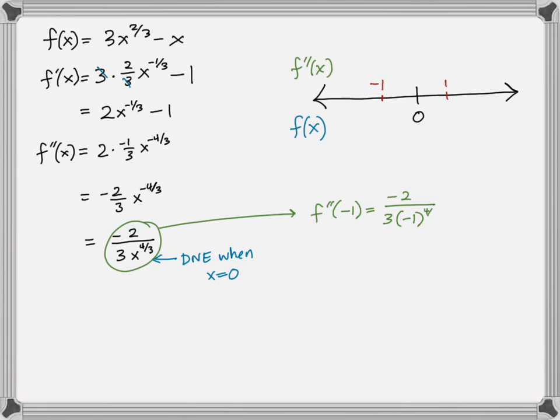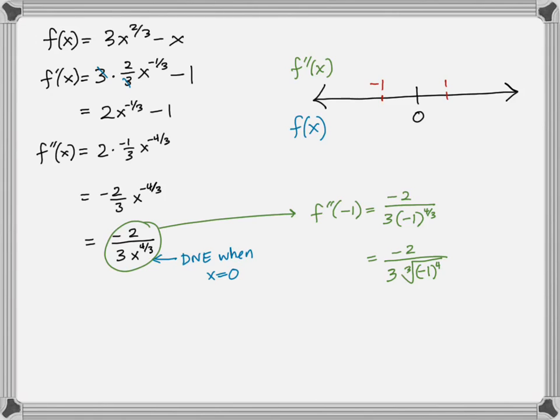Now I want to think about what that 4/3 fraction is equal to. So that's the cube root of negative 1 raised to the 4th. Remember, that's what those fractional exponents mean. The denominator tells you what kind of root, and the numerator tells you what the exponent is.